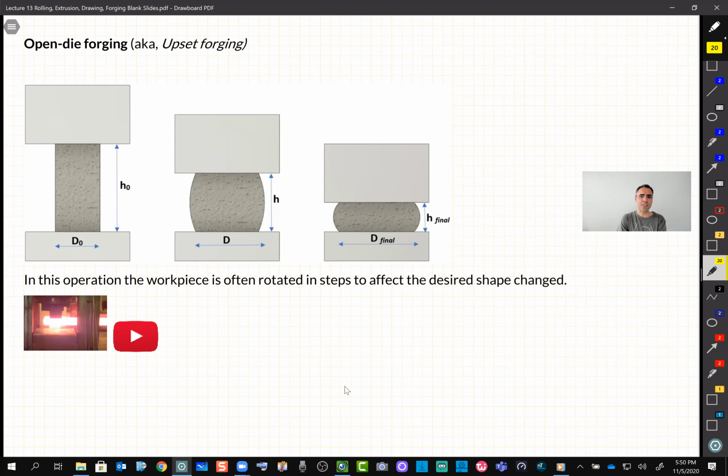Like I showed in this schematic, from H0 and first diameter D0, you get to D final and H final. Either you go gradually, first it is under one press and you get to H, and then the next step, and sometimes you have to do several steps.